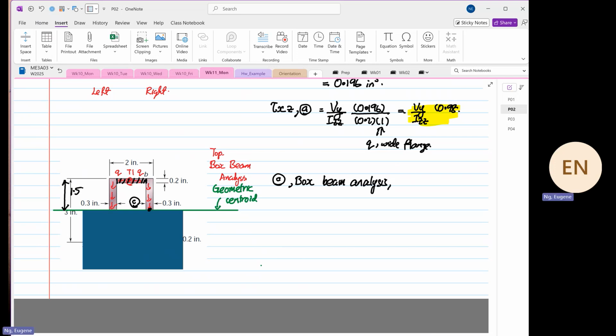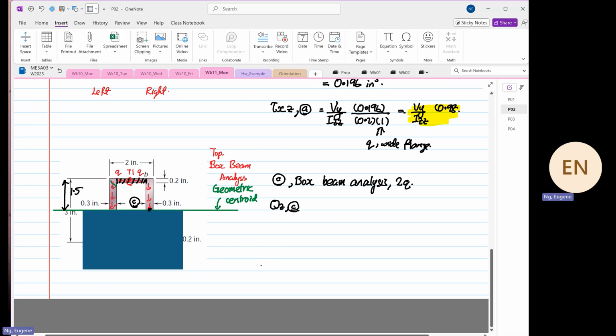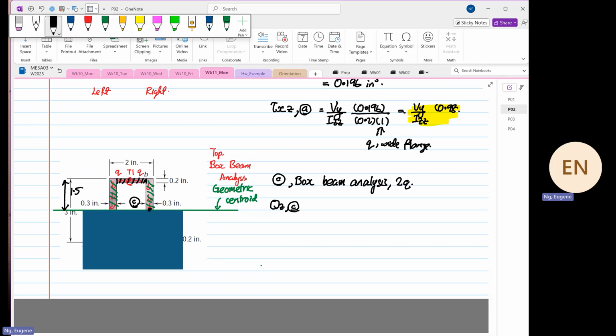And with this, we know that we are going to have 2Q. Okay. So Qz at point C, right? So we have to include this entire area also. I'm shading in green and shading in black. So the whole area, right?